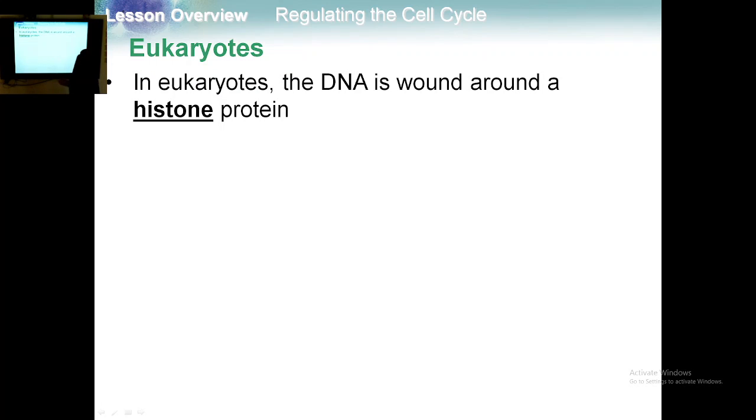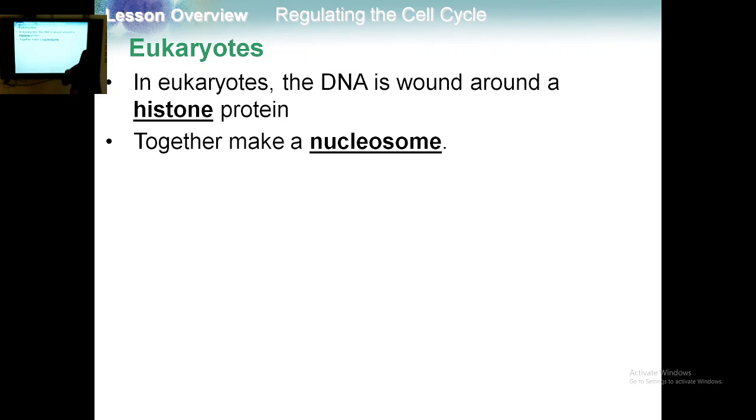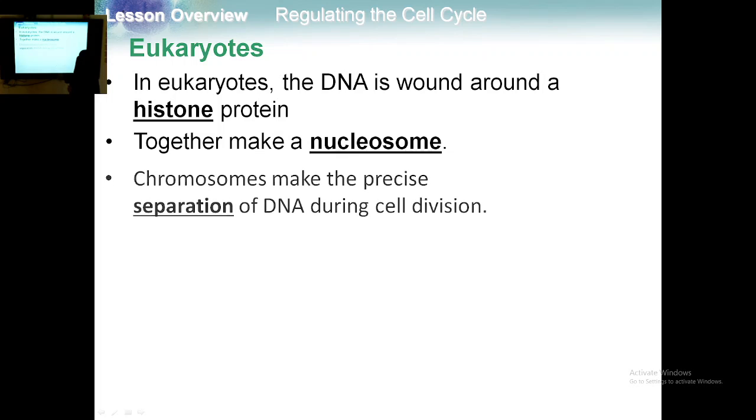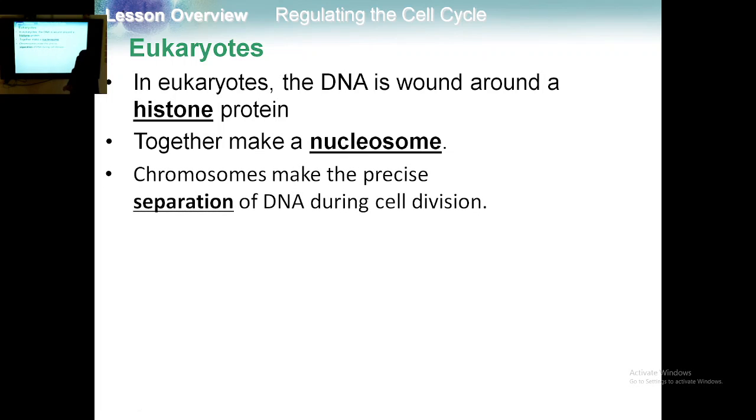While in the eukaryotic cells, the DNA must be in the nucleus, as we mentioned before, and the DNA is wrapped by proteins called histones. The DNA will bond and coil around the histone protein. The histone protein is made up of 8 separate units, and these units will join and let the DNA coil around these proteins. Together, the DNA and the histone proteins form the nucleosome, and chromosomes make the precise separation of the DNA during cell division.